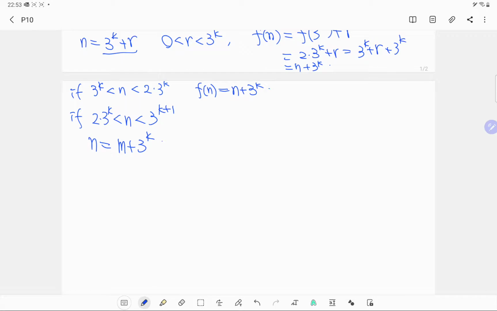In this case, we subtract 3 to the k power across the whole inequality.